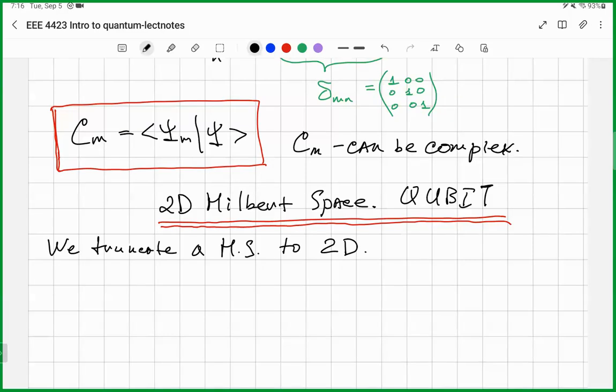In this case, this system becomes a qubit, and it exists in the two-dimensional Hilbert space.